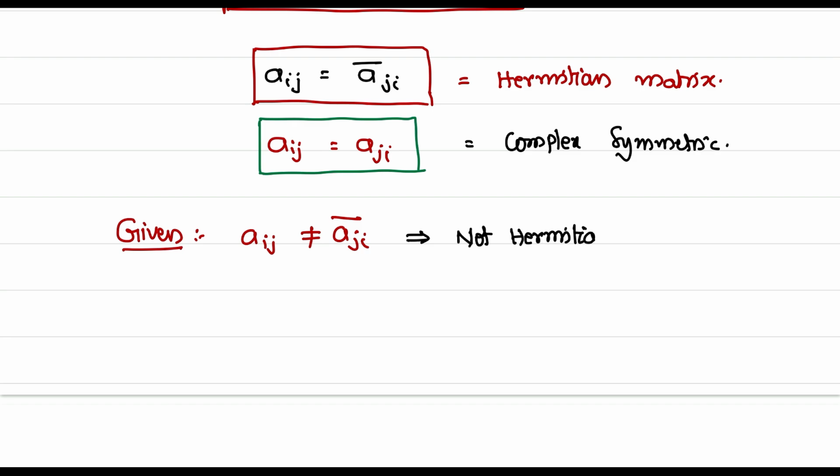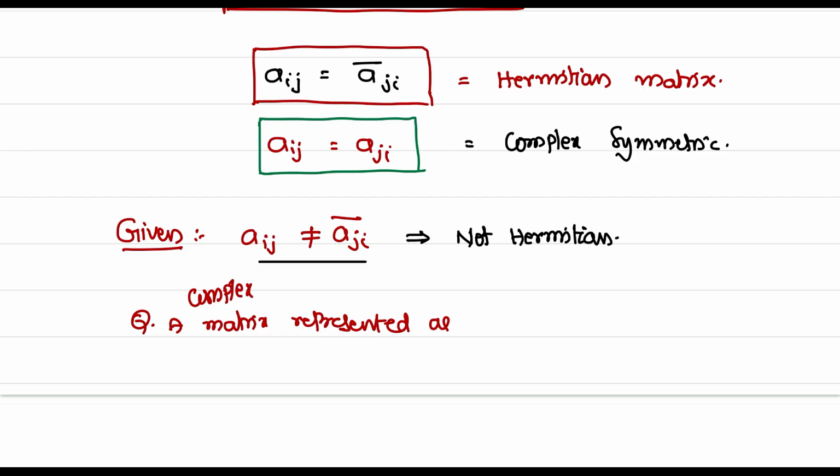If a question is given in JEE Advanced with multiple answers, where this property is given, find out the relevant true statements. The question can be: a complex matrix is represented as Aij is not equal to Aji.